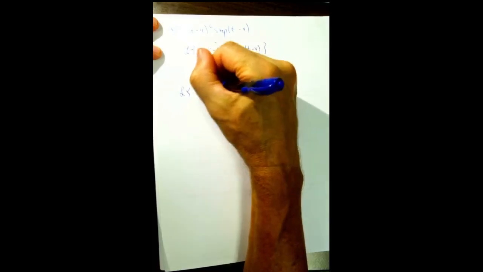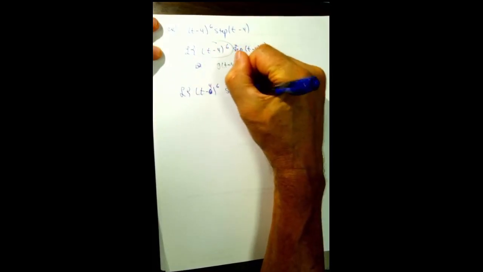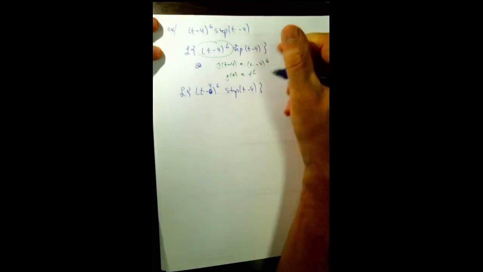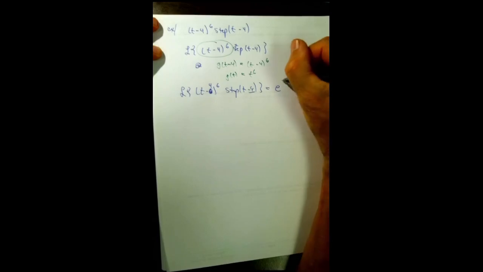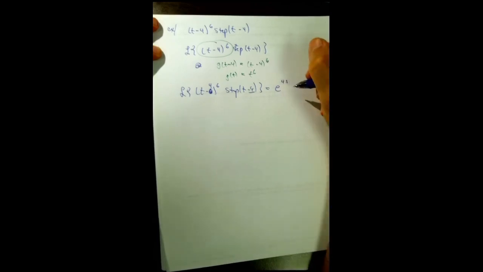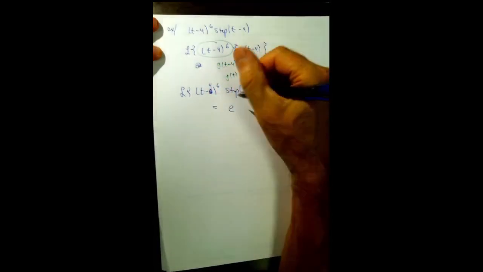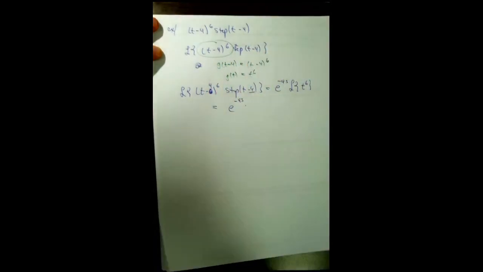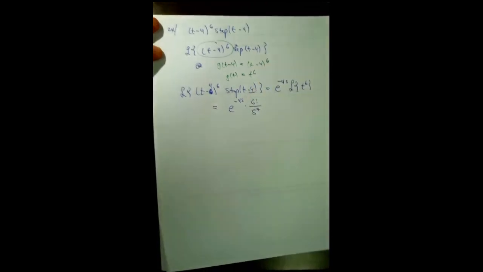So the Laplace transform of (t minus 4) raised to the 6th times the step function at t minus 4. So in this case, my a is 4. That's going to be e to the 4s. Oops, I got to be careful. There's a minus sign, right? I need a minus there. Times the Laplace transform of g, which is t to the 6th. So this becomes e to the minus 4s times 6 factorial over s to the 7th power.